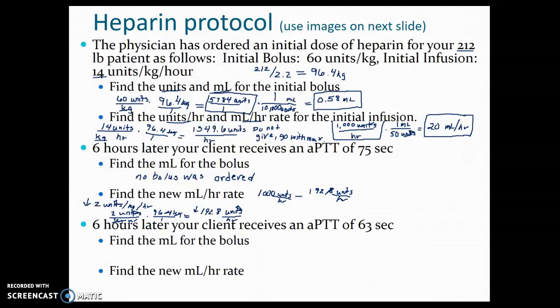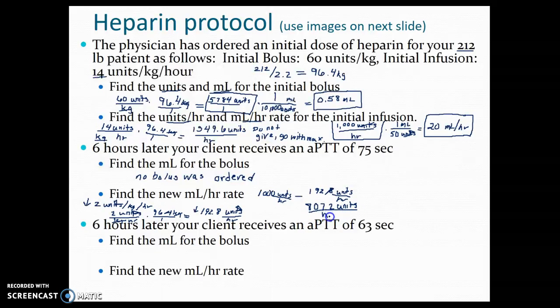And that will give me a new amount of 807.2 units per hour. So that is how much I want to administer.